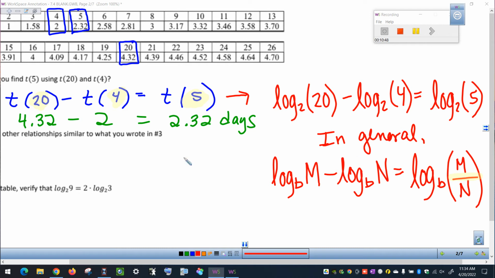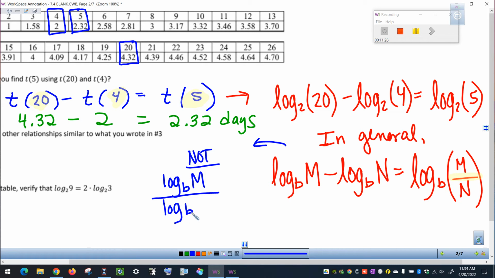A common mistake that students sometimes fall into is they accidentally write this property as log base b of m divided by log base b of n. Notice the difference here. There's a log on the top, and then there's a different log on the bottom. And it's actually going to lead to an entirely different result altogether. So if you did write that on your paper, that's okay, but you have to make sure you put a big X through it, because that's not the example that we want to follow.